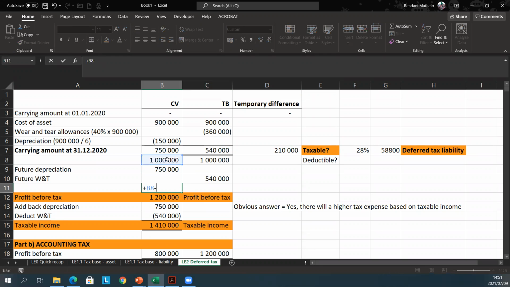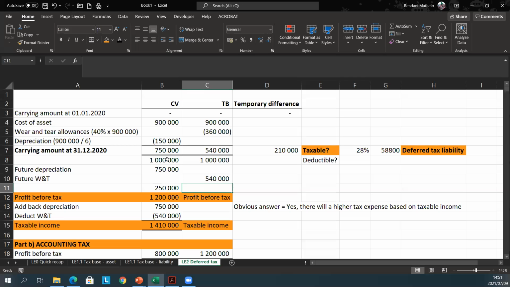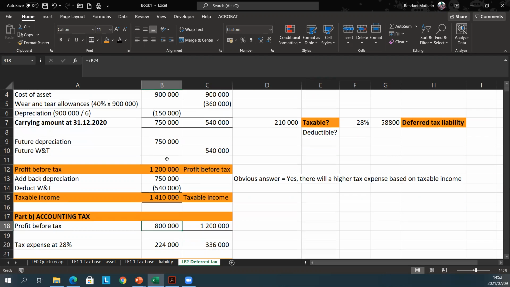If it is 1 million and I deduct depreciation, I'm left with 250. On the other side, if I deduct wear and tear, I'm left with 460. So I don't need any specific amount here. The answer will always be that this will result in amounts that will be taxed in future that will not be taxed for accounting purposes. And that's how we get to taxable amounts.